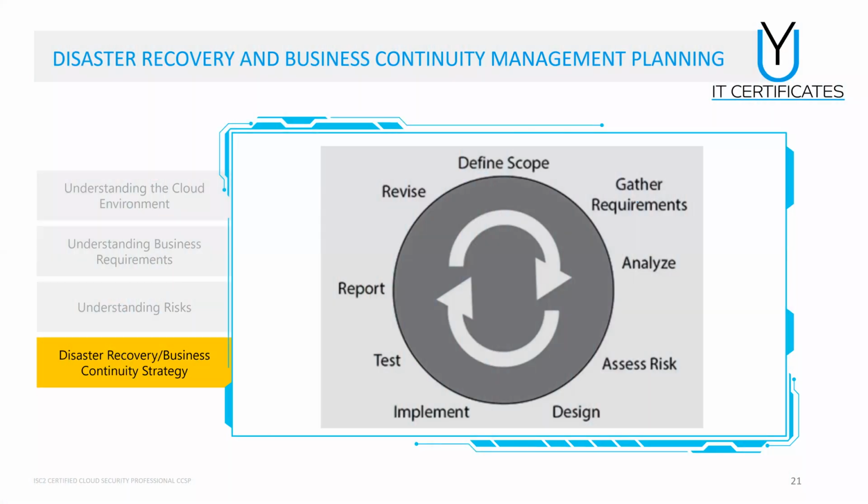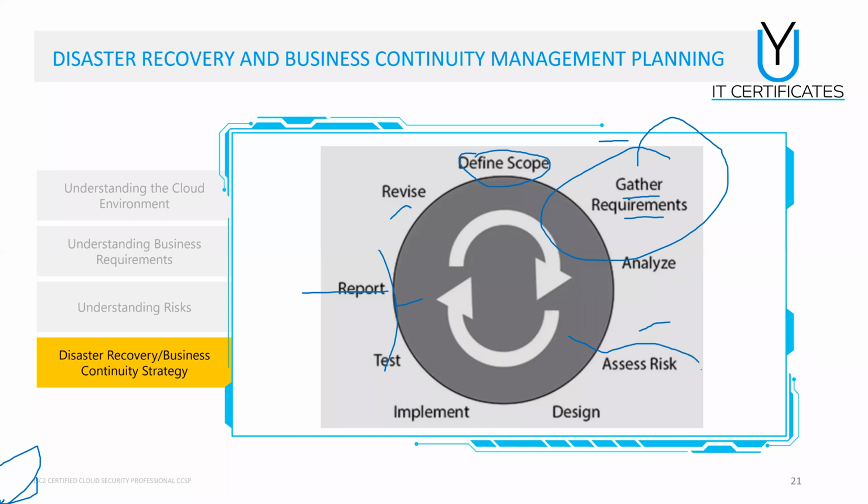Then you have to make the risk assessment. Risk assessment here will be very important. What are the risks which threaten the disaster recovery and business continuity? Then you will be able to develop the security controls to protect.